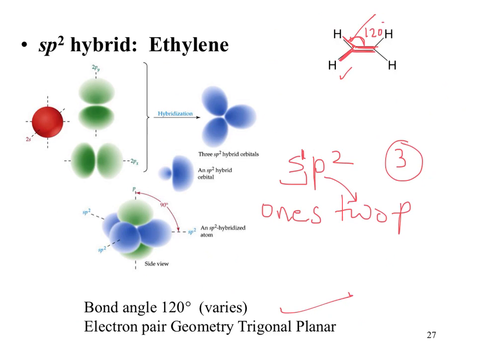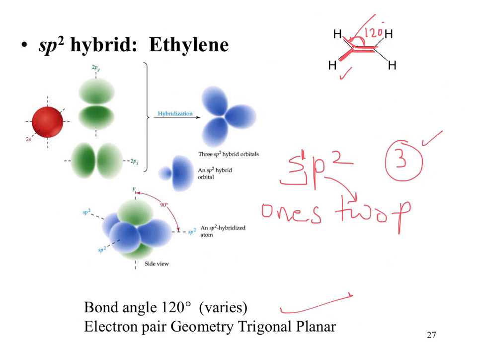So long story short, anytime you are given a structure or a formula, get the Lewis structure, count the steric number or electron groups around the central atom, and then decide whether it's sp3, sp, or sp2. If you need 3 orbitals, you're seeking an sp2 type of hybridization for a carbon. If you need only 2, you're seeking an sp type of hybridization, and when it is 4, you say it is sp3.